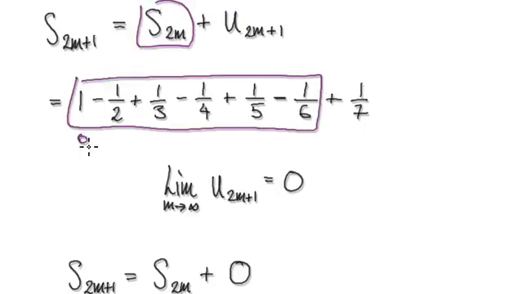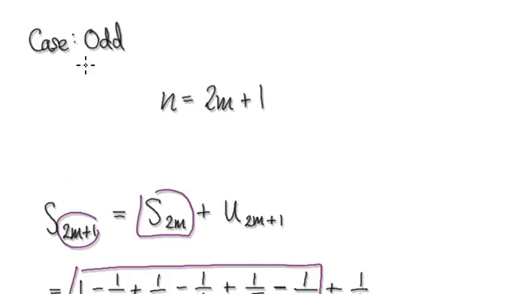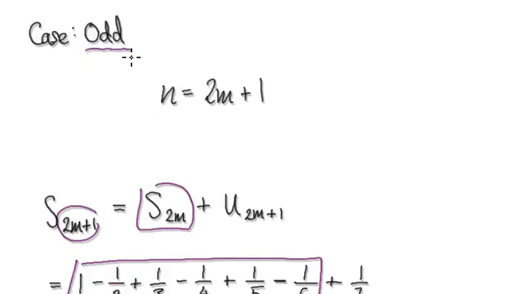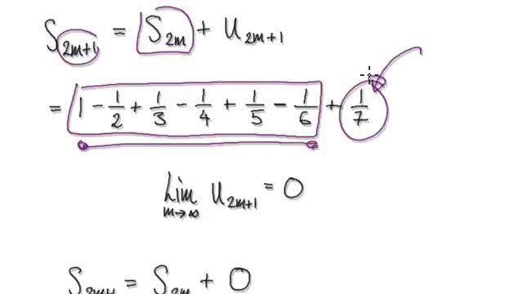So now we've summed up an even amount, and because we're looking at a scenario where it's odd, we are going to be left with one term right at the end here. So we need to add this very last one.